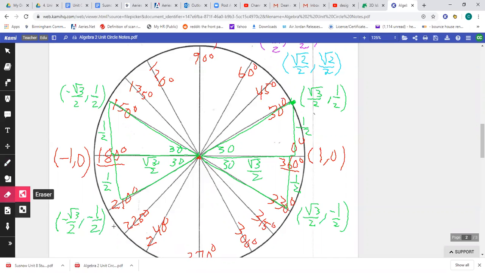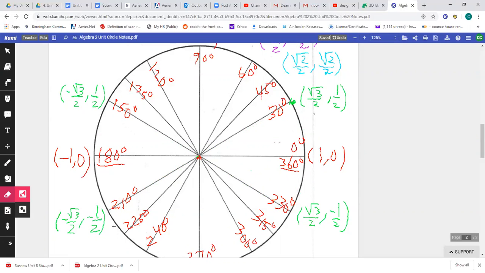Okay, so I'm going to erase all the green on the inside because we're going to be doing a different color now. Okay, now I'm going to move on to the blue.